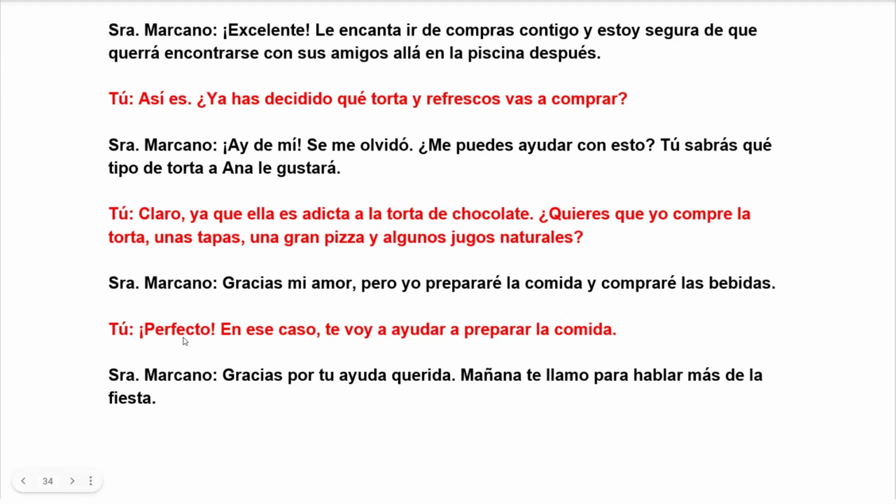Right? Perfect. In that case, I'll help you prepare the food. Right? And then she says, thank you for your help there. I'll call you tomorrow to discuss the party in more detail. And with that, we have fulfilled all the requirements of the cue, and we can see that this response fits perfectly within the context of the conversation.